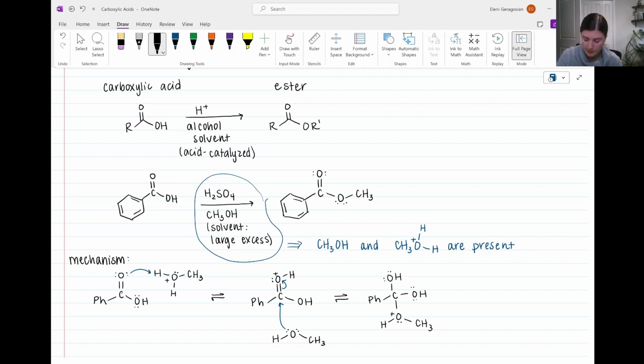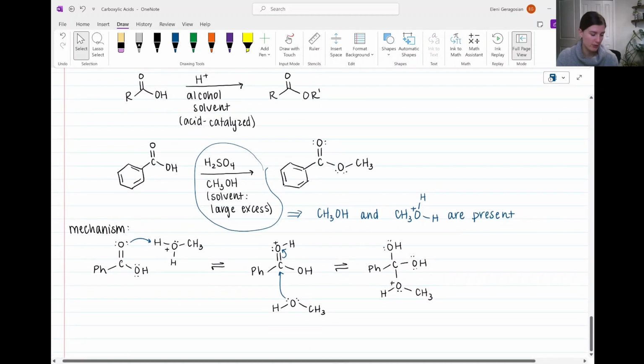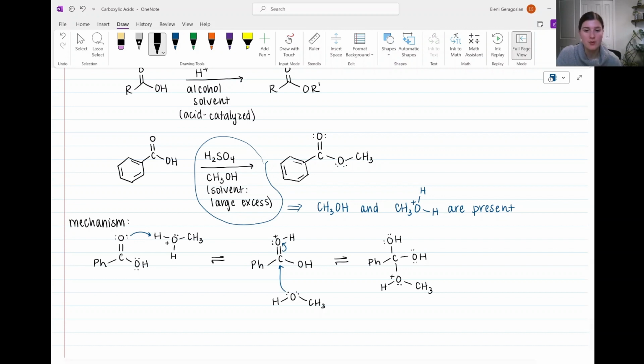So we have that new carbon to oxygen bond. We have a positively charged oxygen here. We can do a proton transfer to neutralize it. So that's what we will do in this next step. We are removing a proton from that oxygen. And so in this step, again, neutral solvent is a better base. In this case, it's acting as a base because it's taking a proton.